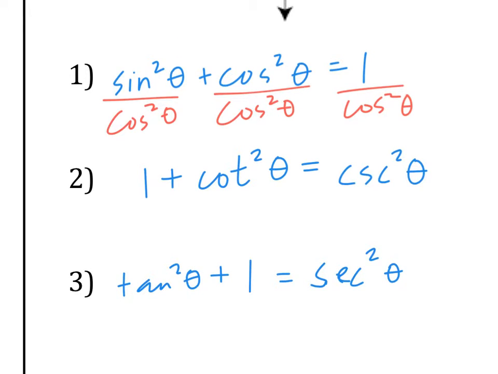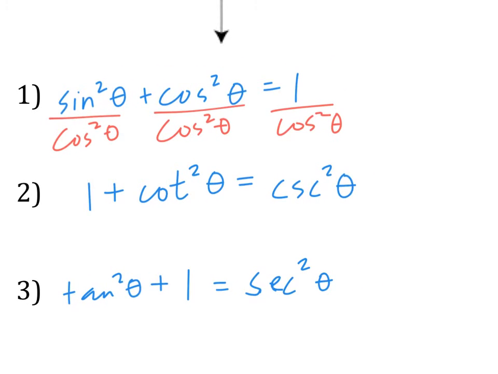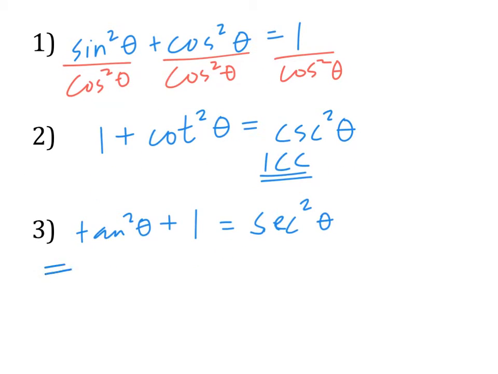Okay, these two are harder to remember, so you may want to come up with your own ways to remember them. This one's a little bit harder, so I don't really write it as tangent squared plus 1. I just write it as 1 plus tangent squared. So they all kind of look similar. So 1cc and 1ts.